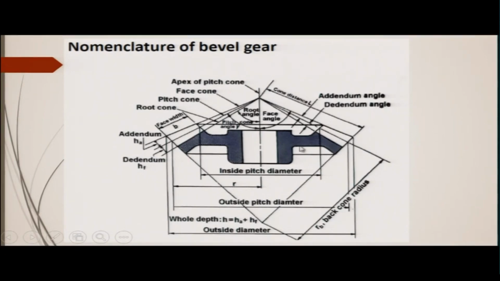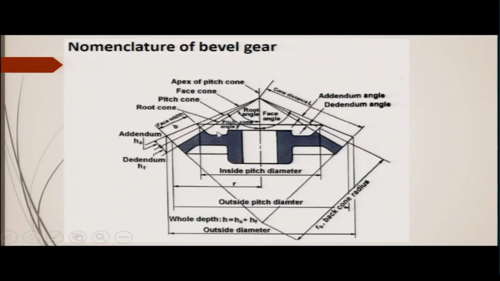Similar to the addendum and dedendum angles, this angle is the addendum angle, this angle is the dedendum angle, this height is called the addendum, and this height is called the dedendum. Now, the inside pitch diameter is here, and once again the outside pitch diameter is from here to here, and from here to here it is the inside pitch diameter.